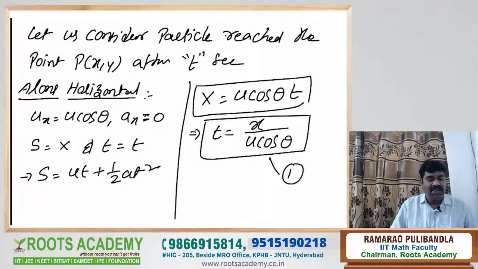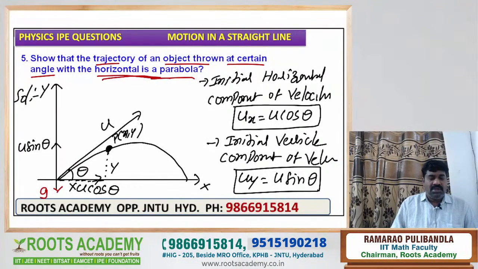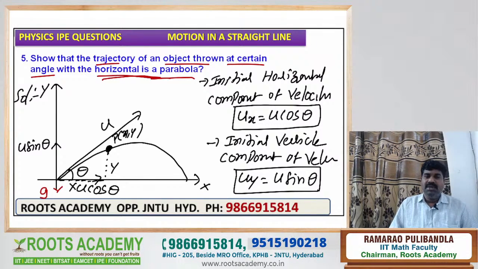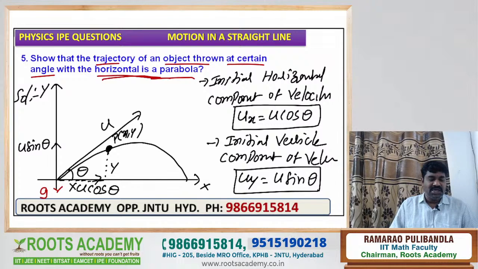So here, the most important 4 mark question is to show that the trajectory of the path of the projectile is a parabola. Horizontal component of velocity is u cos theta, vertical component of velocity is u sin theta. Along the horizontal direction, there is no force acting. Along the vertical direction, gravitational force is acting.